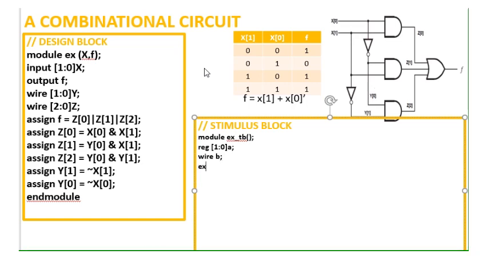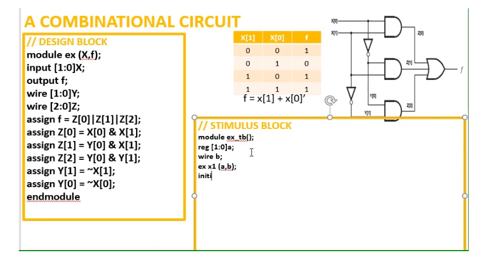The name of the module is X. I give some instance label as X1 and the port list should be in the same order. So the first parameter in the module definition is a 2-bit signal and the second parameter is a single bit signal. So it should be compatible here. The first parameter is a 2-bit signal A and the next parameter is a single bit signal.